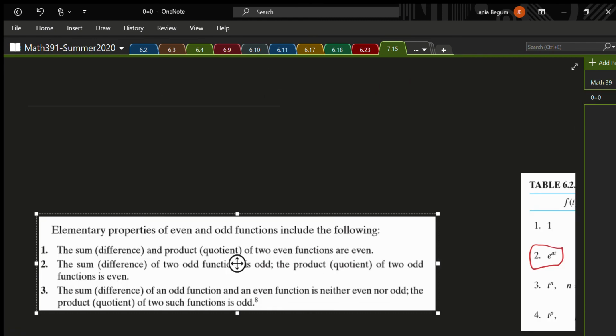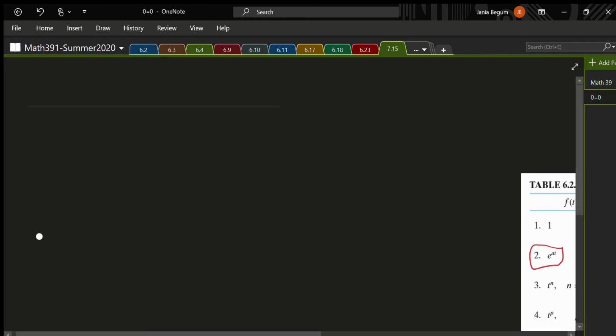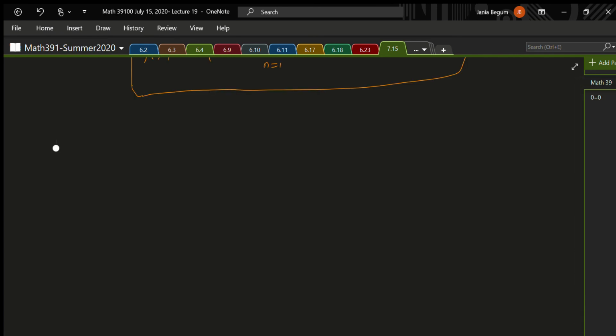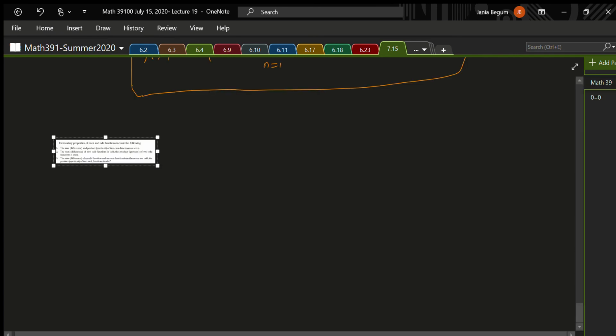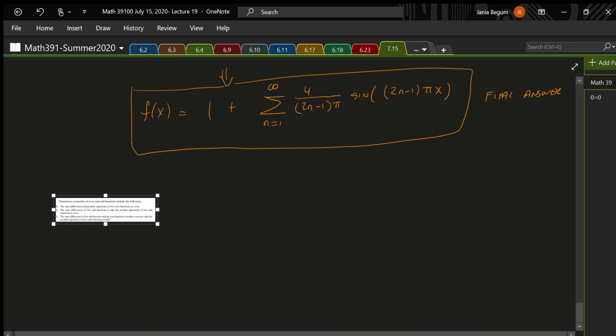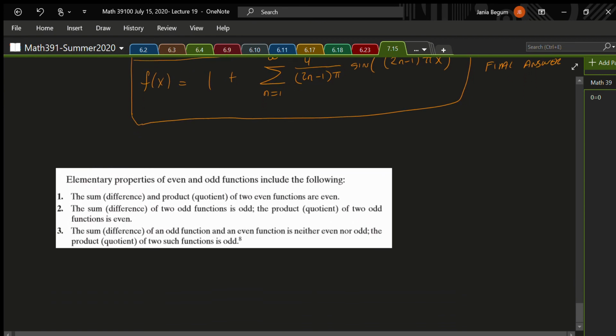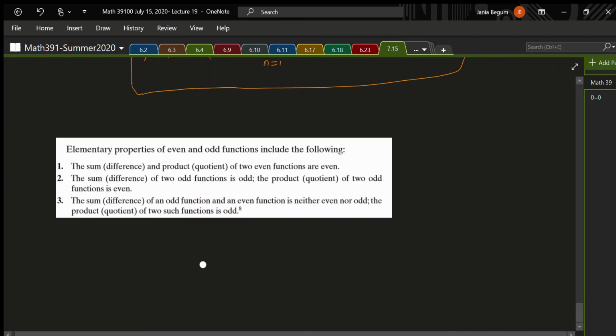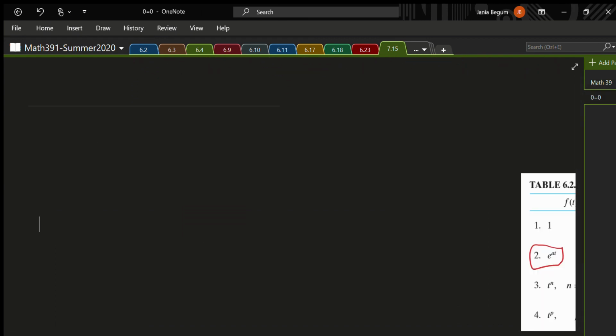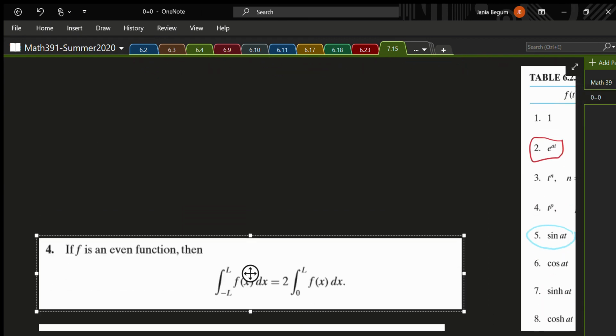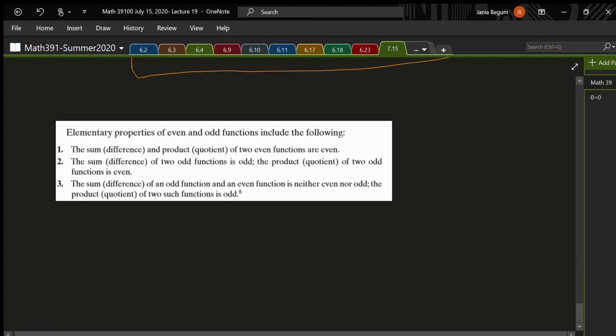So I have a few properties that were stated in the textbook, and I thought they were very useful for us to use here. So these are called elementary properties. So they are from elementary calculus, that's why. So I'm just gonna copy them, so just give me a few seconds.